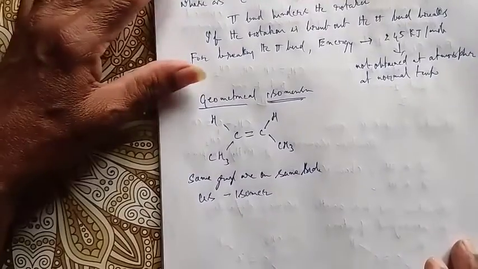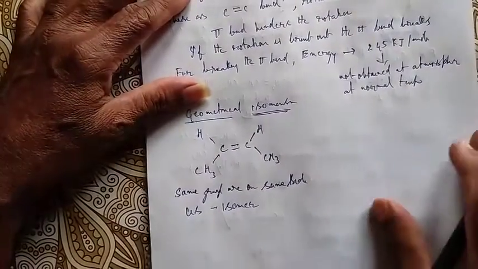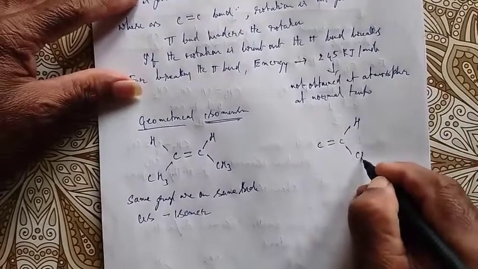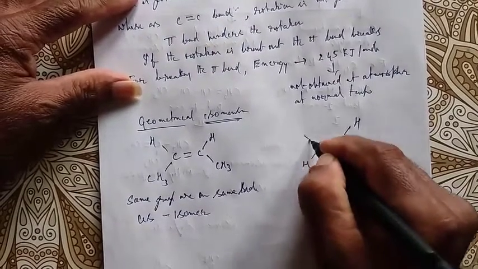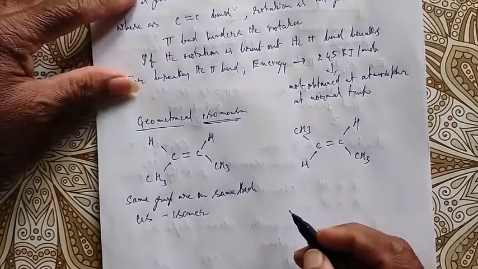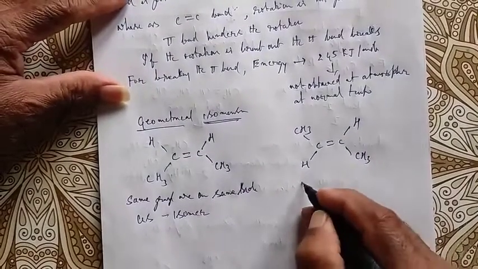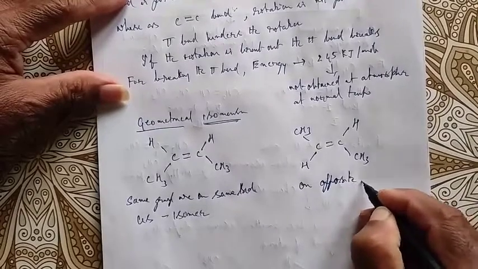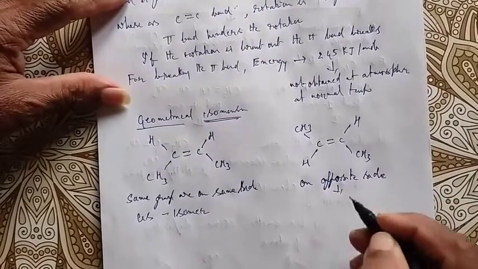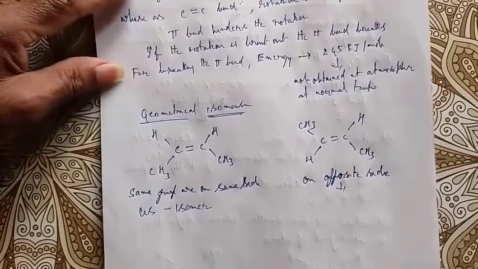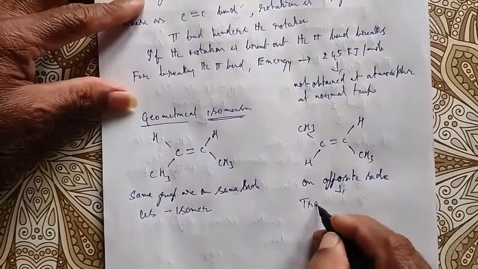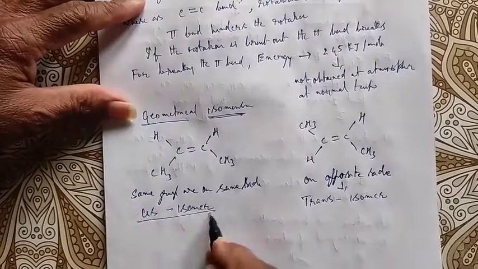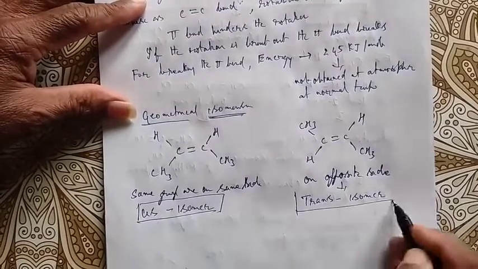Cis means same groups are on the same side. On the other hand, in the other isomer, C=C with hydrogen, CH3, and hydrogen, CH3, the same groups or same atoms are on opposite sides. Therefore this isomer is known as the trans isomer. So, cis isomer and trans isomer.